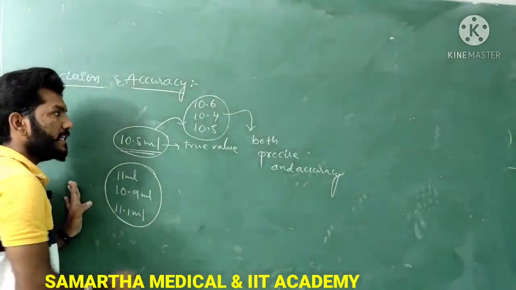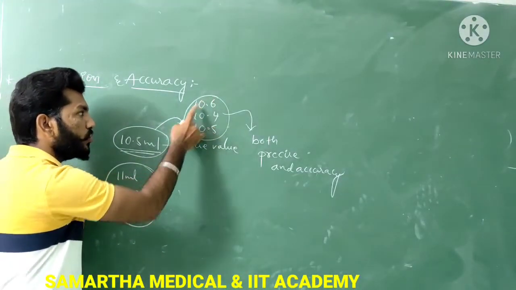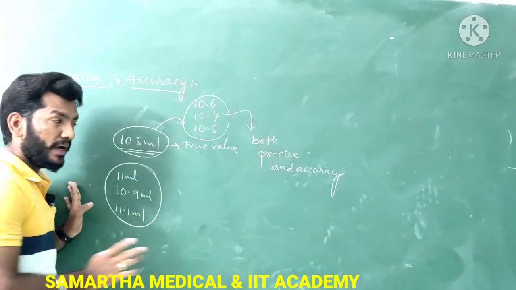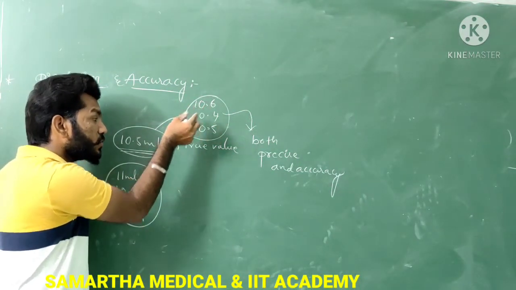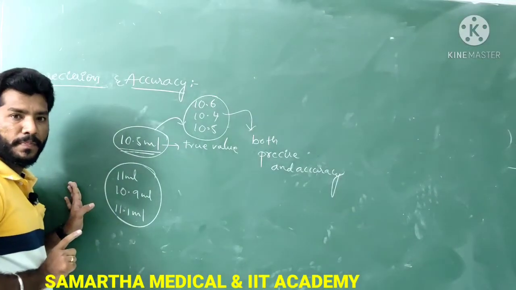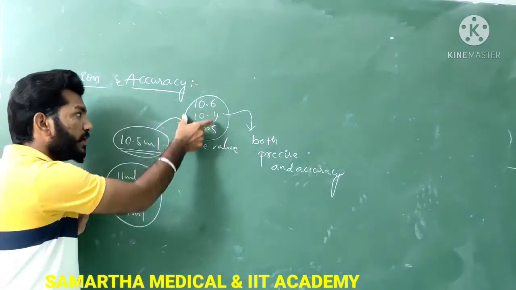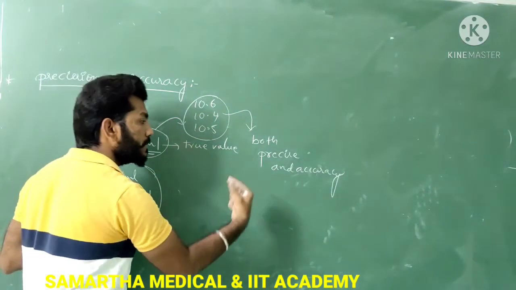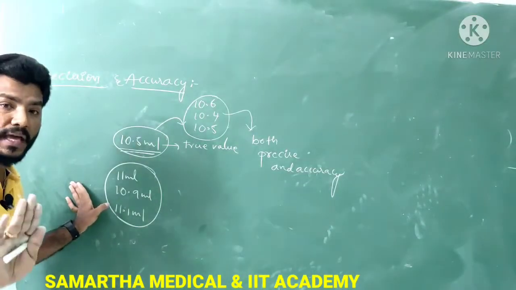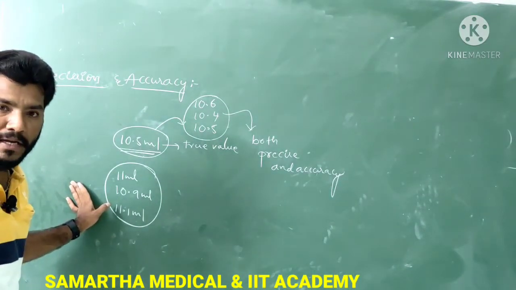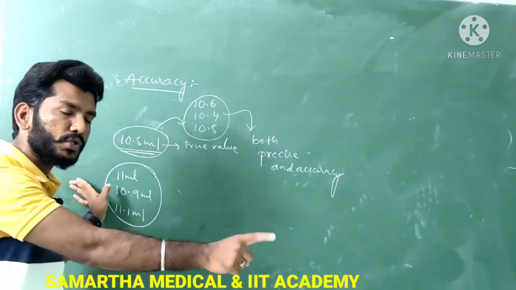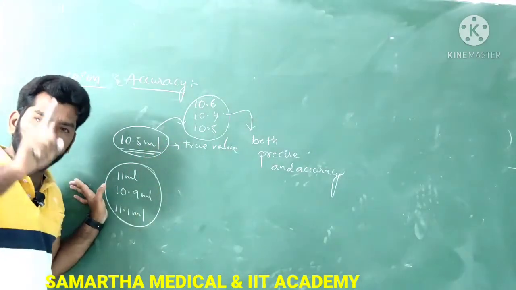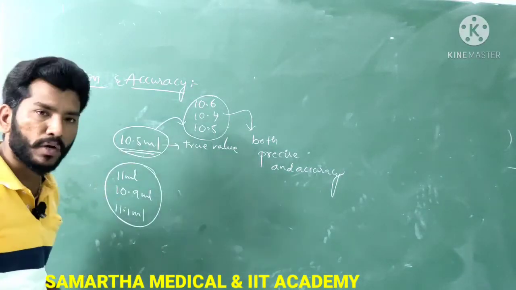Why is it precise? Because these values are close to one another. Why is it accurate? Because you can take any single value here, and it is close to the true value. That's why these values give both precision as well as accuracy. When you make many measurements, the value you get should be closer to the true value, and only then is it called accuracy.